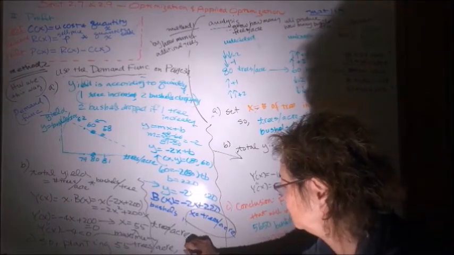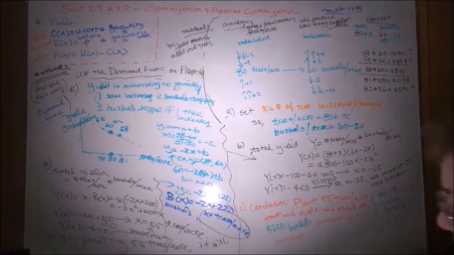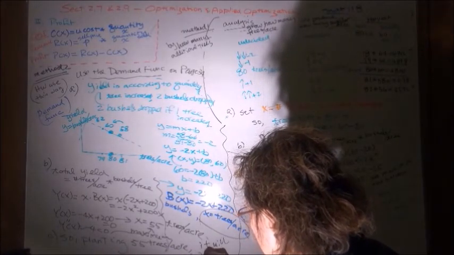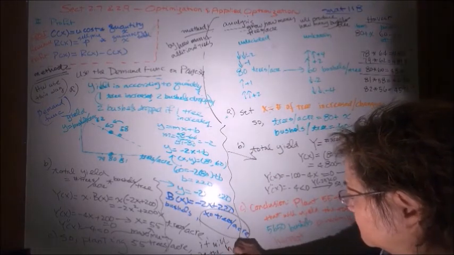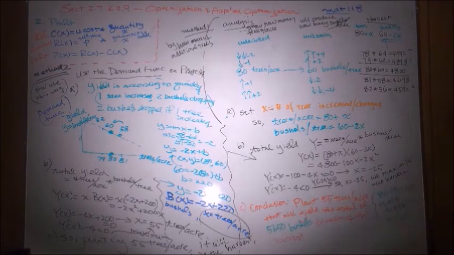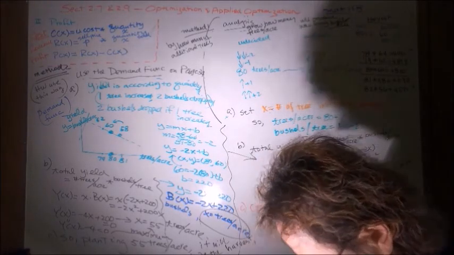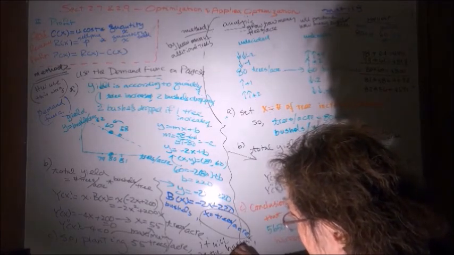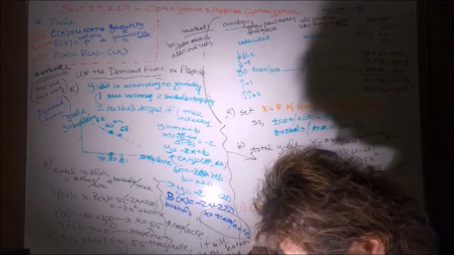You will maximize the harvest, right? And you will yield how many? 5650 bushels.